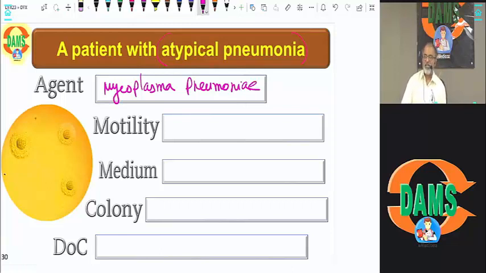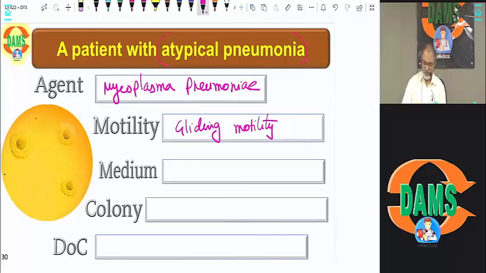What type of motility does it exhibit? Gliding motility.